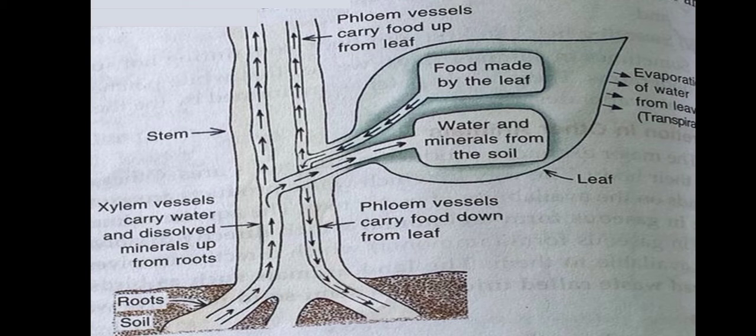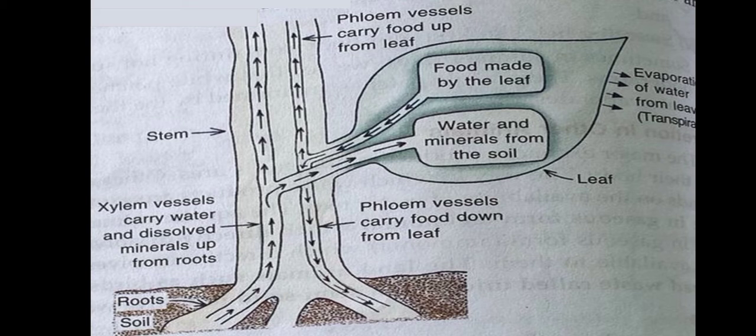The suction force produced in xylem vessels by transpiration in plants is similar to the one which we produce while drinking Coca-Cola or Pepsi from a bottle with a straw. Thus, transpiration generates a suction force which pulls up water absorbed by the roots from the soil to reach the leaves.